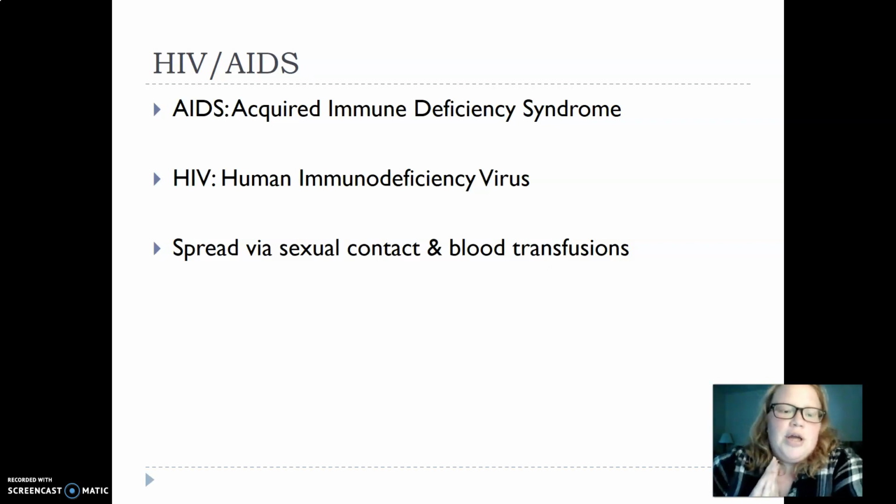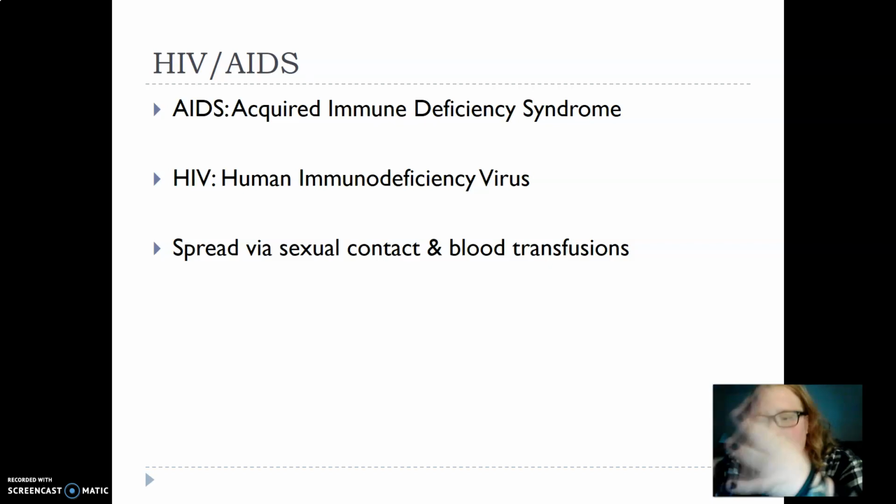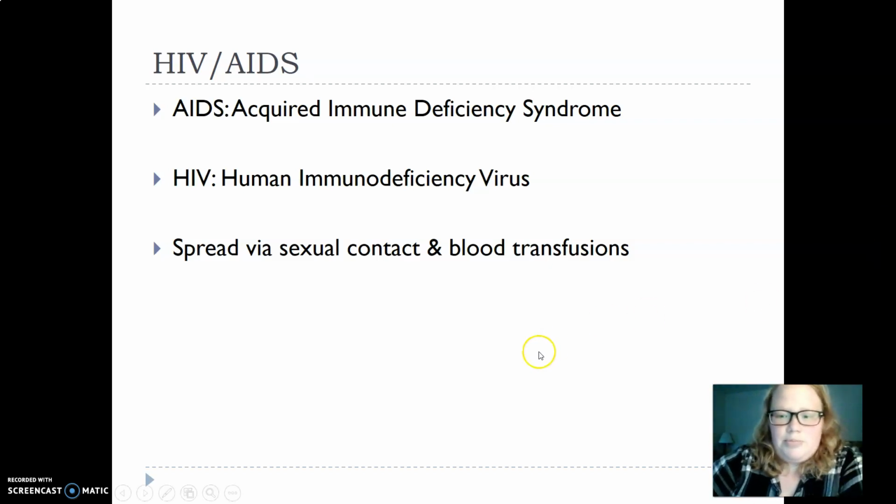HIV is spread via sexual contact and through blood transfusion. So that one is harder to spread, right? Because you have to be very close to someone. You can't get HIV by being sneezed on. It's only spread via sexual contact and blood transfusions, so intimate ways.